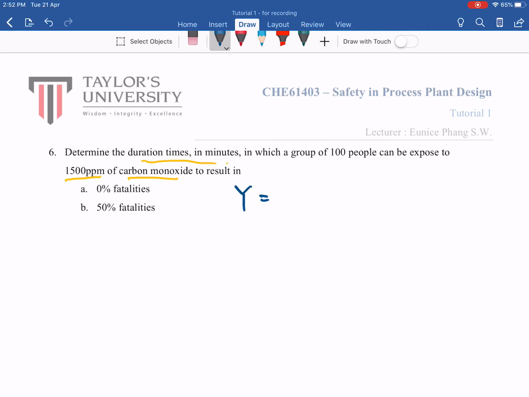Again, Y equals K1 plus K2 ln V. So let's take a look at what are these K1 value, K2 value, and V value for carbon monoxide. Yeah, we want to focus on carbon monoxide.